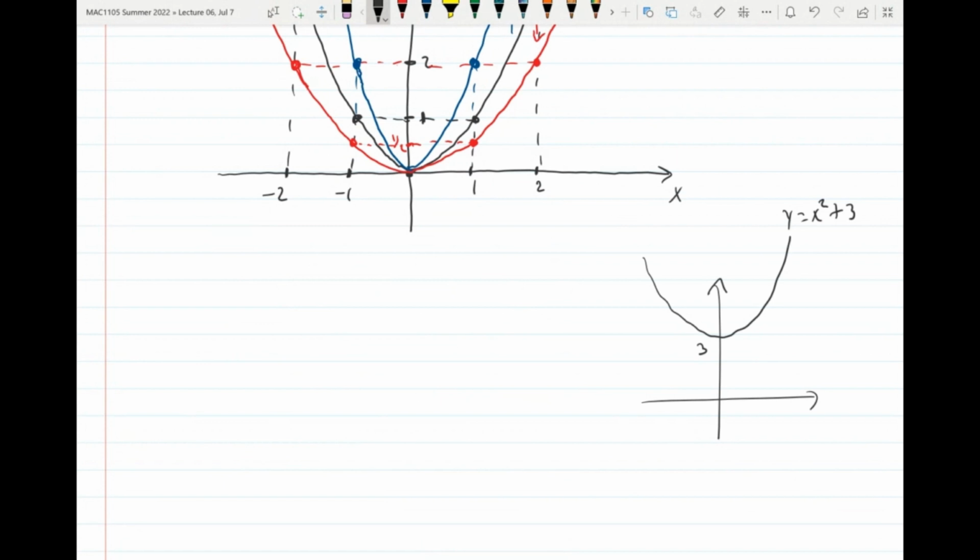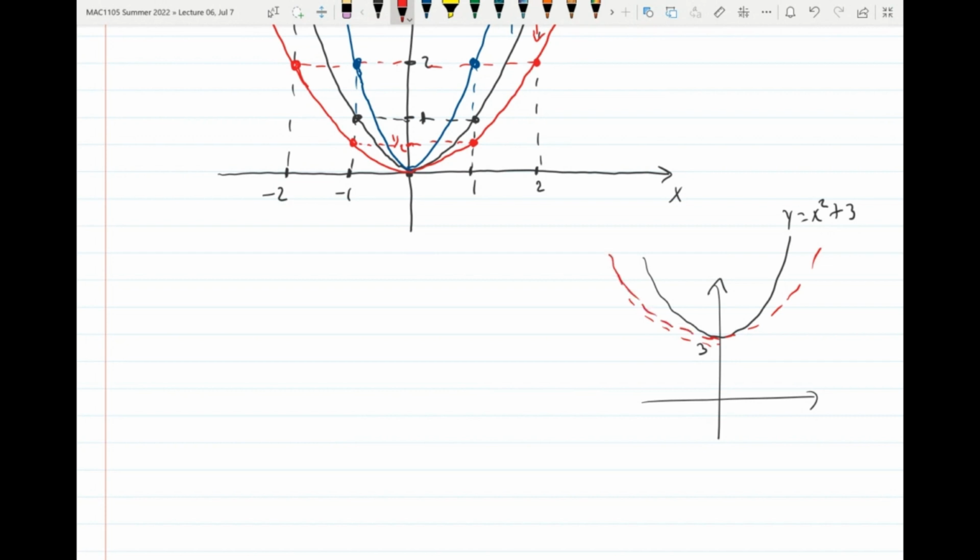So that means I want to multiply this by 1/3. What's going to happen? What will be the resulting graph? Will it be something like this? Will it be something like this?